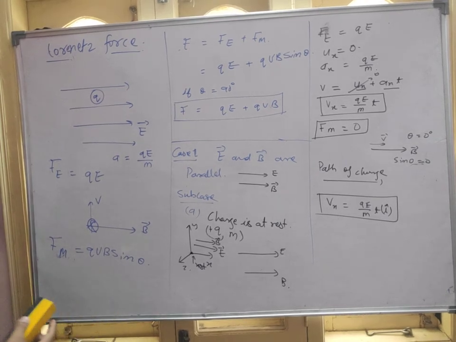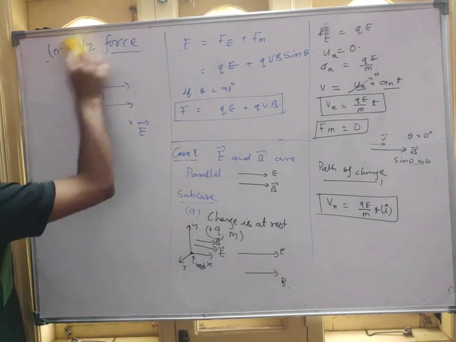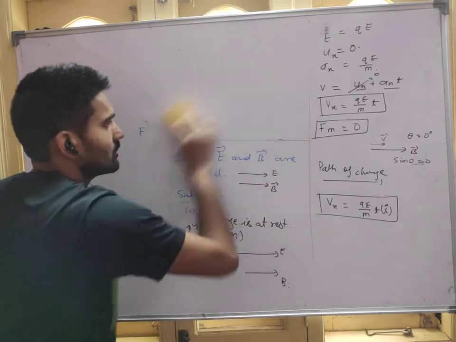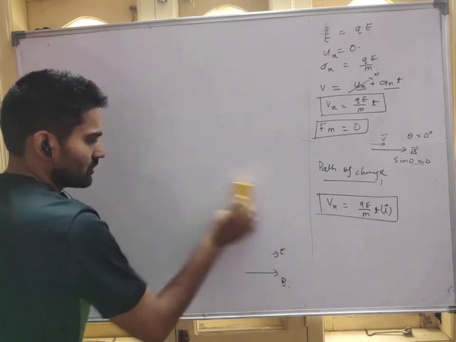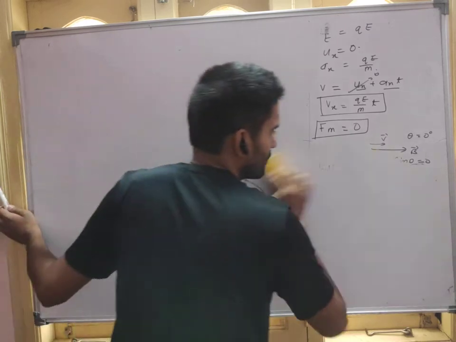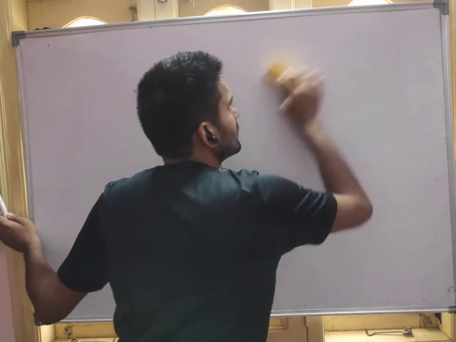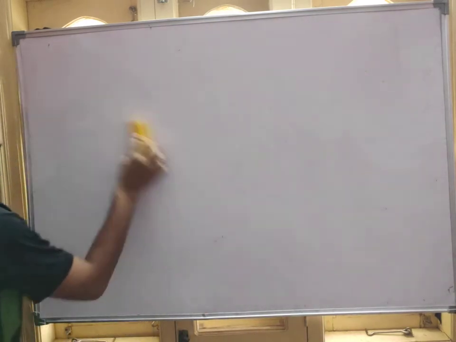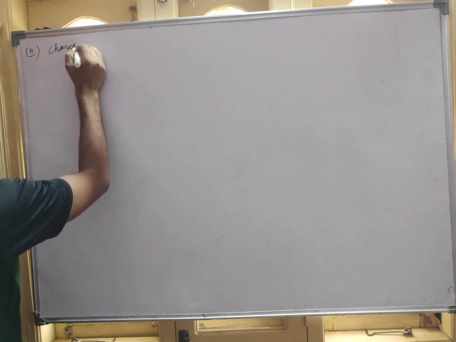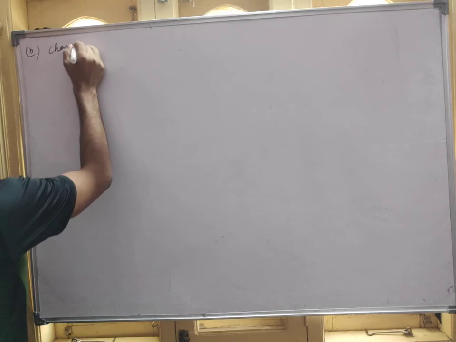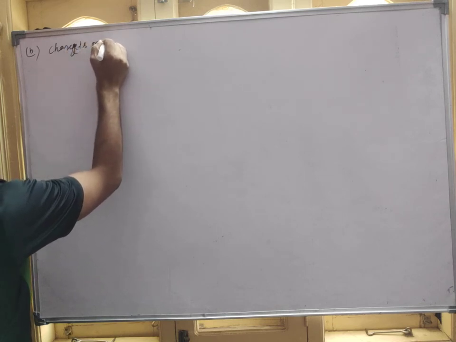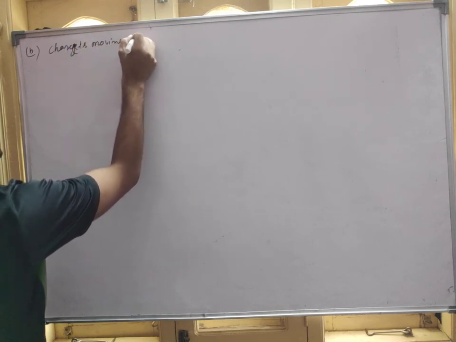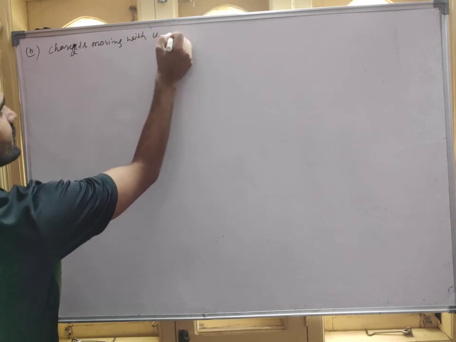Now take more sub cases. Sub case B. Okay, the charge is moving with ux velocity.